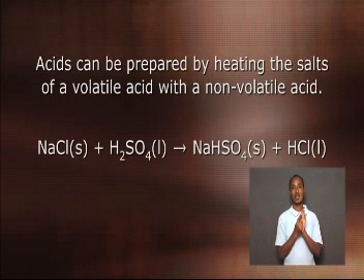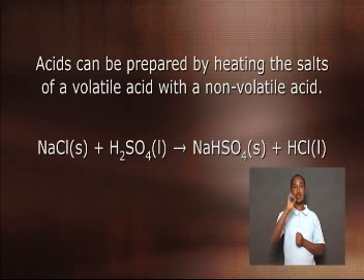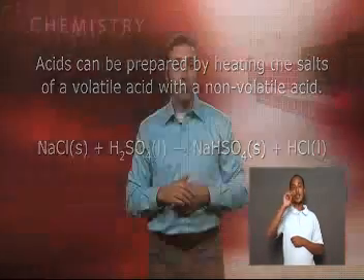For example, if sodium chloride reacts with sulfuric acid, sodium bisulfate and hydrochloric acid are formed. You might have also mentioned that when sodium nitrate and sulfuric acid react, sodium bisulfate and nitric acid are formed. Students, if you had any trouble with that activity, please review your notes from this lesson.